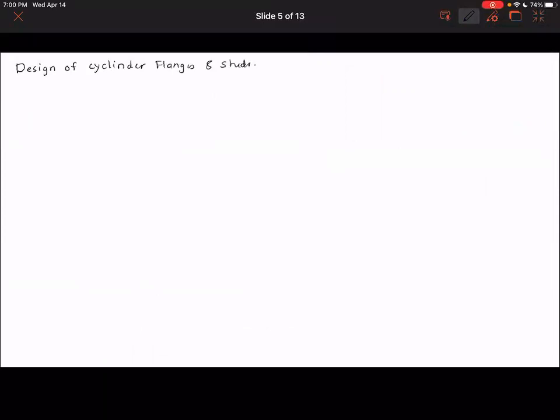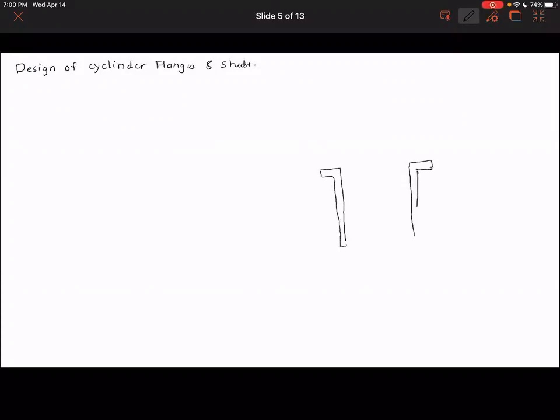Now, what is this? So if you look at the piston cylinder assembly, the cylinder would usually, let's take a look at the single cylinder design.